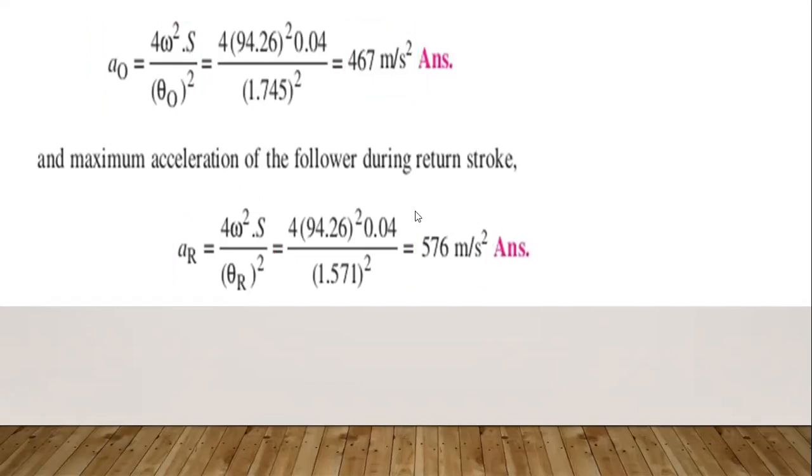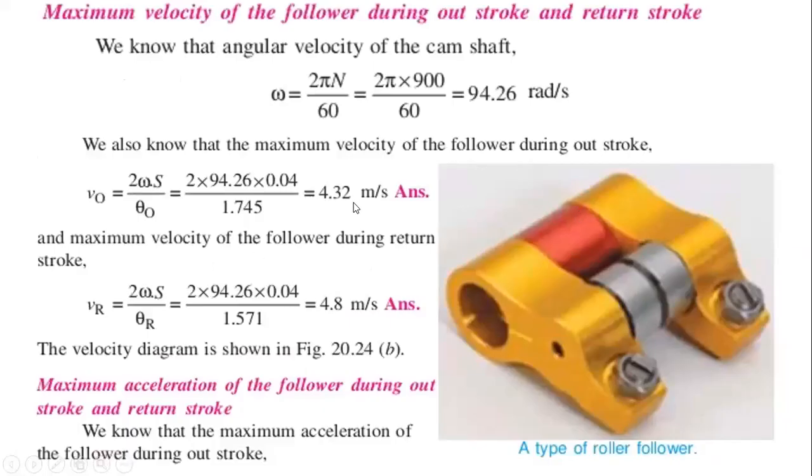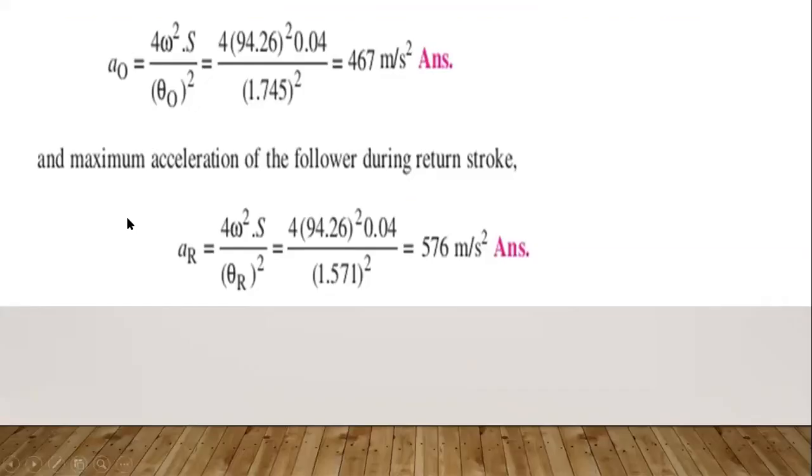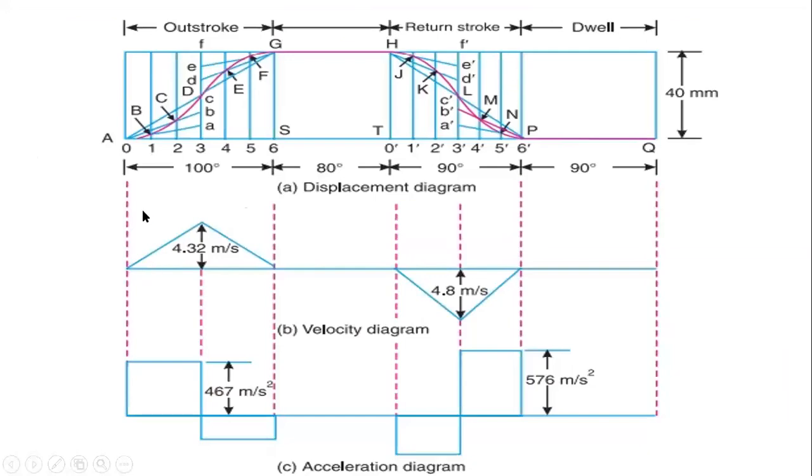Then we have to take these four values, that is the acceleration values of 467 and 576, and the velocity values of 4.32 and 4.8 for the outstroke and return stroke, to the displacement diagram. We draw the edges of the displacement diagram through straight lines and then draw a baseline at some distance from the displacement diagram.